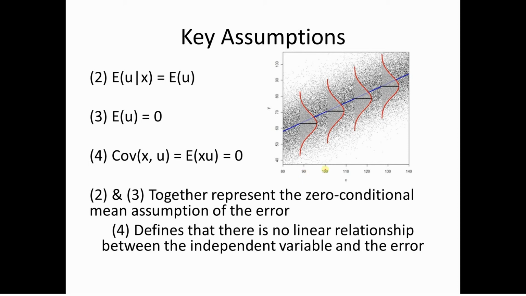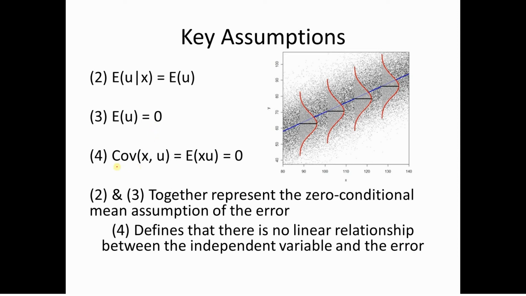It's still the same when we jump over here to x equal to 115. The distribution of u is still the same. So given any value of x, we expect the mean of u to not change. Furthermore, we're going to state that the expected value of u is 0.